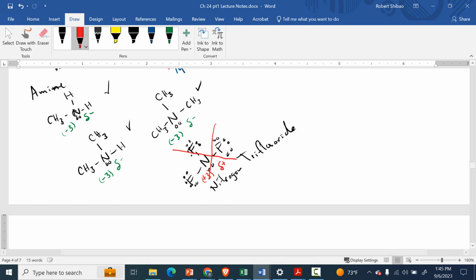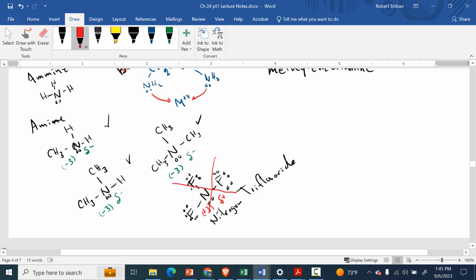You see? So these 3 are going to be very comparable. However, this 4th one's totally different. Can you see it? And so the 4th one, we don't call it an amine. It's not going to be a very good base at all. And so I'll call it nitrogen trifluoride.